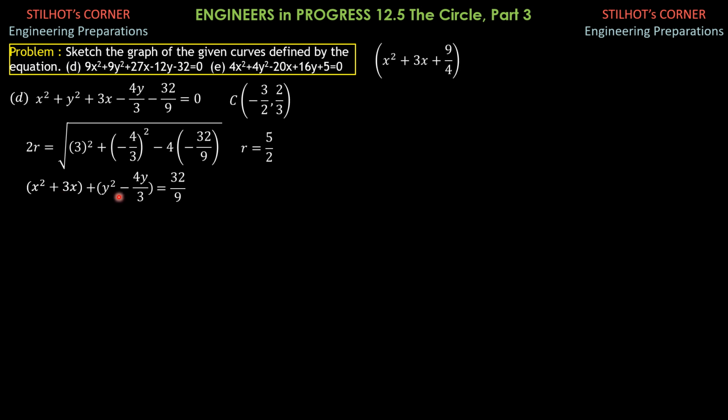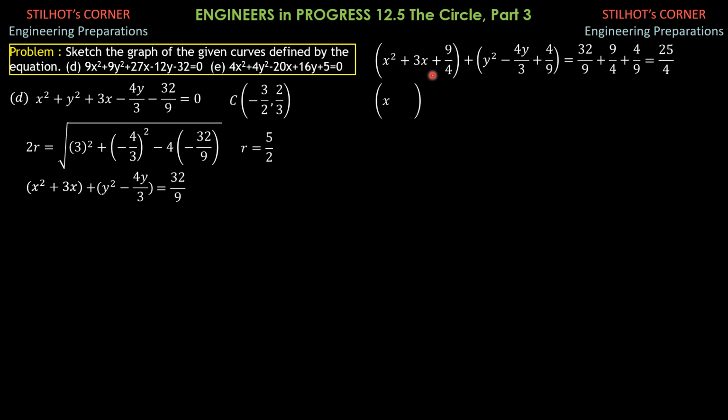Then plus quantity y squared minus 4/3 y, 1/2 of negative 4/3 is 2/3. 2/3 squared is 4 over 9. So y squared minus 4/3 y plus 4 over 9 equals 32 over 9 plus 9 over 4 plus 4 over 9. So use your calculator there to show that this is equal to 25 over 4. And so that 25 over 4 is 5 over 2 quantity squared.